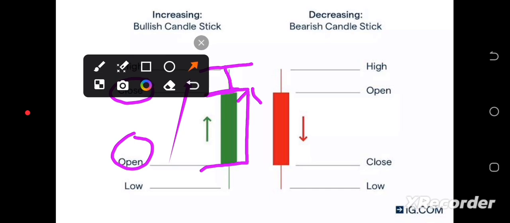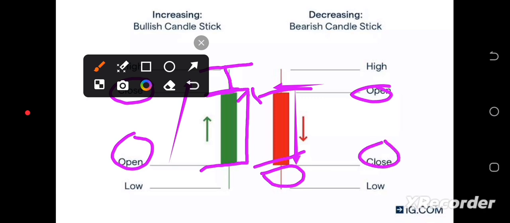The opposite is the case for a bearish candlestick. The bearish candlestick opens above and goes down. This is the opening price here, and then it goes down and gets to this particular level, and then finally it's rejected and closed here.